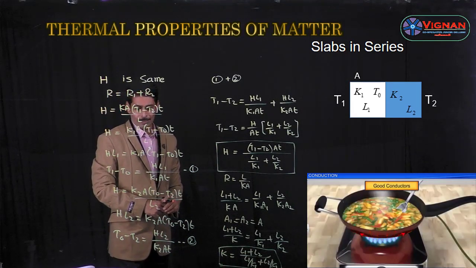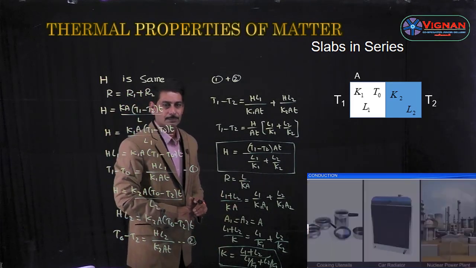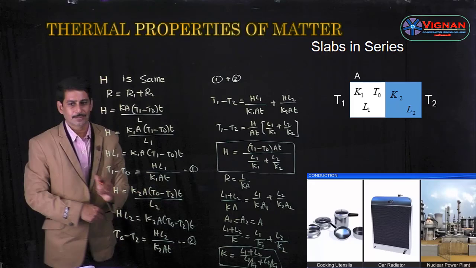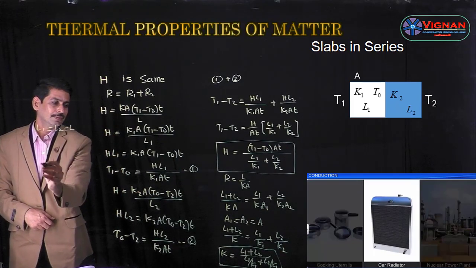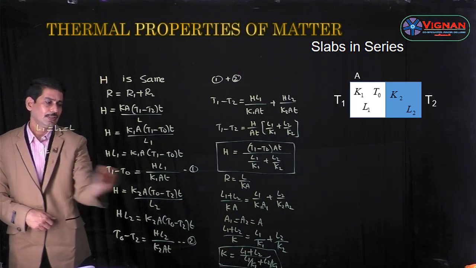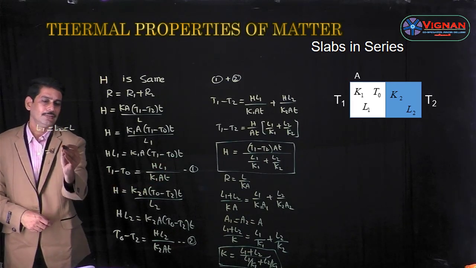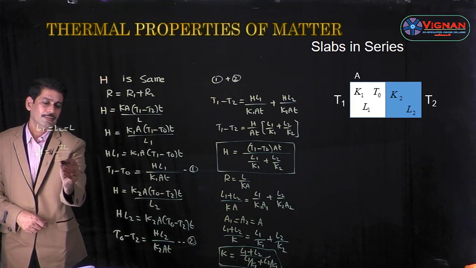If you take L1 is equal to L2 is equal to L, then we get K effective as L1 plus L2, which becomes L plus L, so 2L by L by K1 plus L by K2.